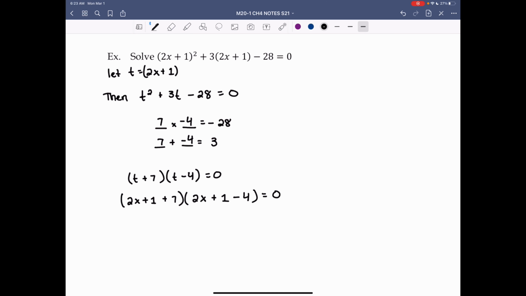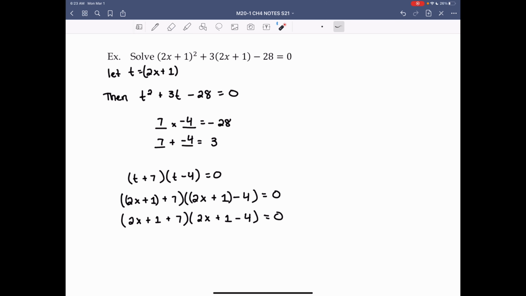I could have brackets around the 2x plus 1. In this case, it's not going to make a difference. If my t was here after a minus, then it would definitely make a difference because I would have to multiply the negative into the brackets. But in this situation, the brackets are not going to do anything, so now I can write it without the brackets. 2x plus 1 plus 7 and 2x plus 1 minus 4.